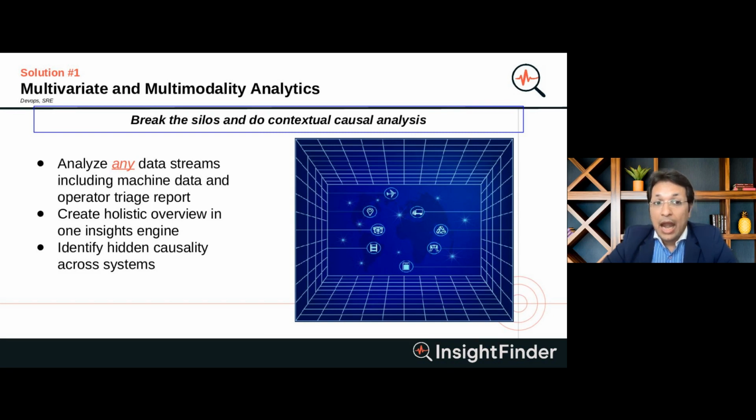And these data streams just do not have to be machine data. It could be human intelligent data. Think about how your team manages incidents today, or the conversations on your internal communication systems, Teams, Slack. What if you could bring all that data into this kind of analytics?